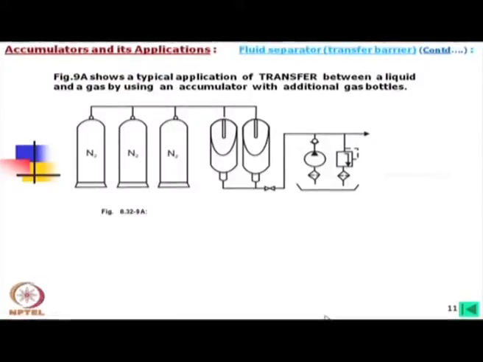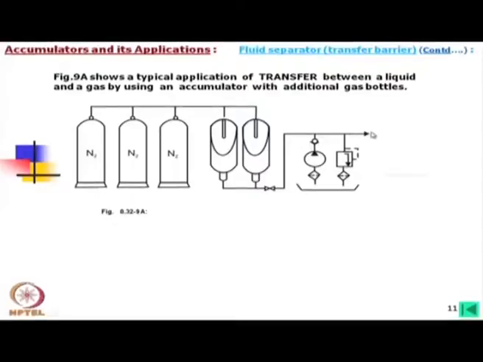Now, another example of the transfer barrier is a typical application of transfer between a liquid and a gas, in this case nitrogen, by using an accumulator with additional gas bottles. Say here we have two accumulators and oil is being pumped here.